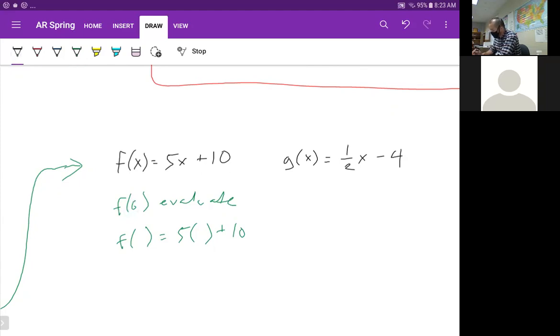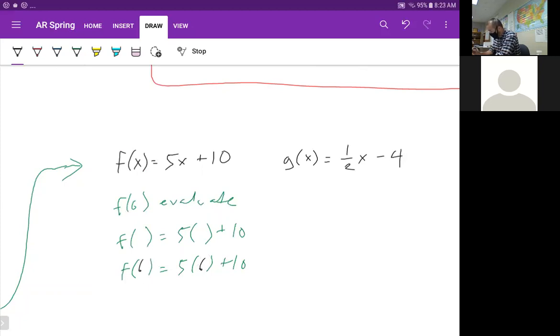So whatever that number is, it comes down here. I'm going to leave that blank so you can see the step after I've done this. So what you substitute in is the 6 here.